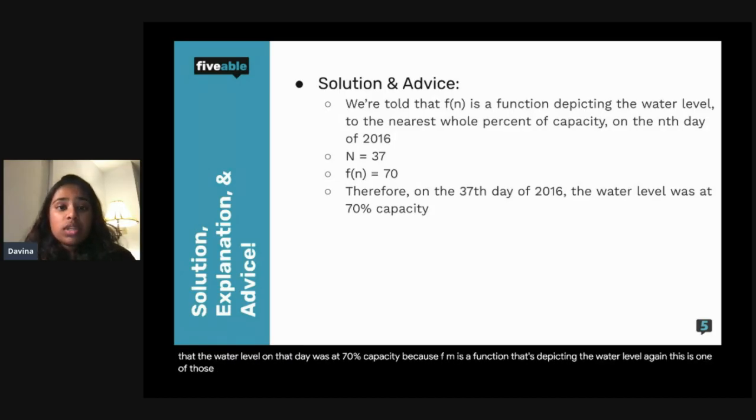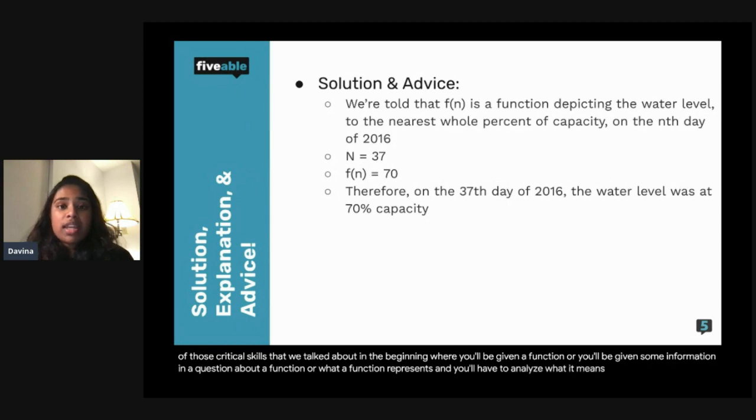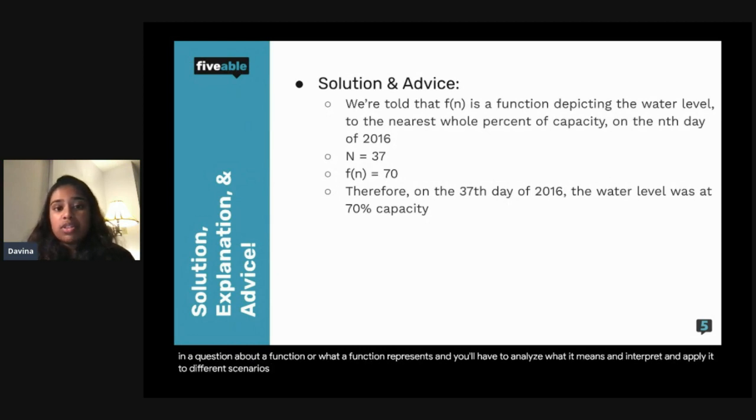Again, this is one of those critical skills that we talked about in the beginning, where you'll be given some information in a question about what a function represents, and you'll have to analyze what it means and apply it to different scenarios. If f of 37 equals 70, what does the 37 mean and what does the 70 mean?